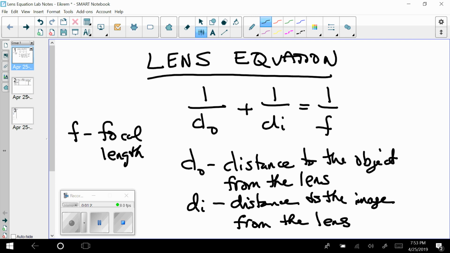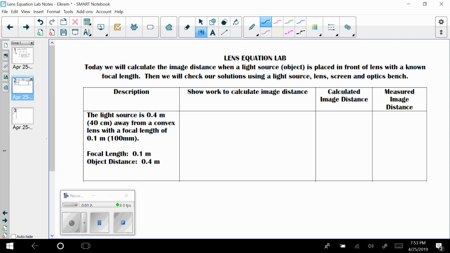So we're going to start with the first problem on page 11, which is part of something called the Lens Equation Lab. And the first thing I'm going to do is draw a little picture of what we're talking about here, so you have an idea what it looks like, and then we'll go from there to talk about solving the lens equation.